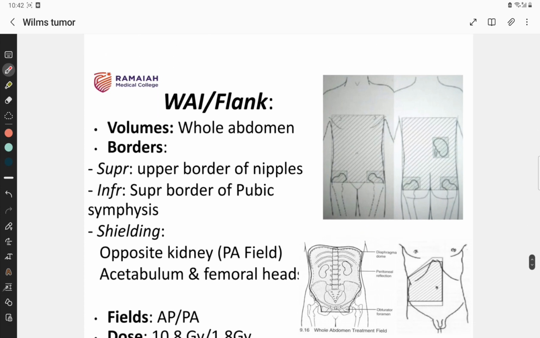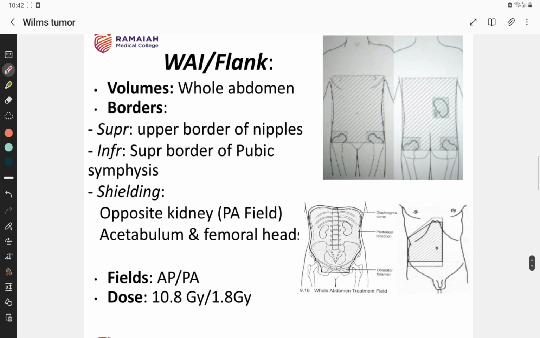Next, these will be the conventional borders of the whole abdominal RT or flank RT. The volume is whole abdomen for this technique, and this is how you manually mark it. The upper border will be the upper border of the nipples, the lower border will be the superior border of the pubic symphysis, and laterally the lateral border of the body itself.